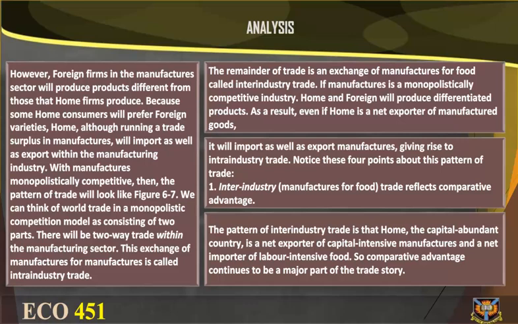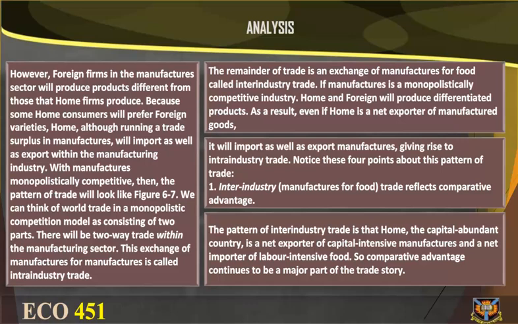We can think of world trade in a monopolistic competition model as consisting of 2 parts. There will be two-way trade within the manufacturing sector. This exchange of manufactures for manufactures is called intra-industry trade. The remainder of trade is an exchange of manufactures for food, called inter-industry trade.